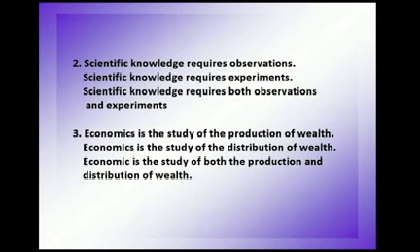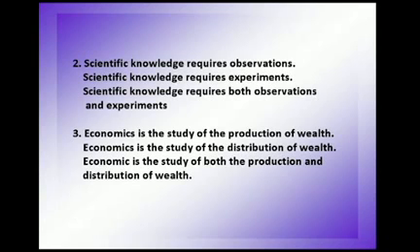After that, let's try another one. The given sentence is, scientific knowledge requires observations. Scientific knowledge requires experiments. In this question, the different parts are objects, such as observations and experiments.